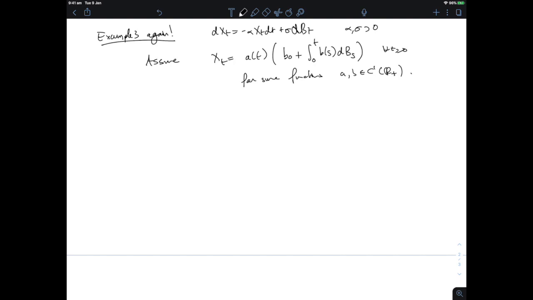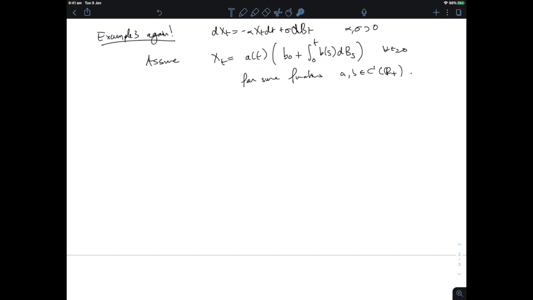Now, why do I think that this could be a good idea? Because if you remember your variation of constant formula for ordinary differential equations, and you think of the noise term as being an inhomogeneous term in a variation of constant formula, then the solution would indeed be of this form. So this feels like this has a chance to work, but let's find out whether or not we can make it work with functions a and b that are deterministic.